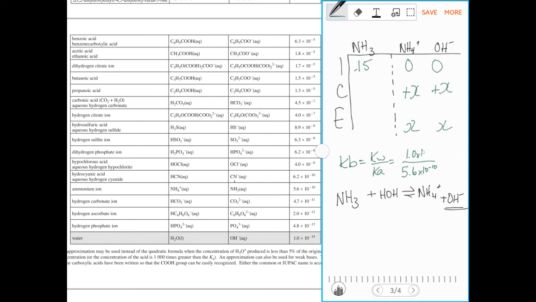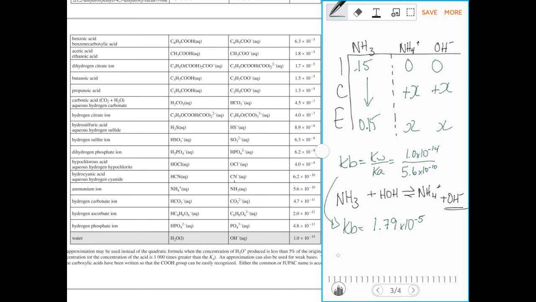And my water ionization constant, so when I go to calculate that, I get that my Kb is equal to 1.79 times 10 to the negative 5. So I can use some algebra, and this value is just going to come down here.